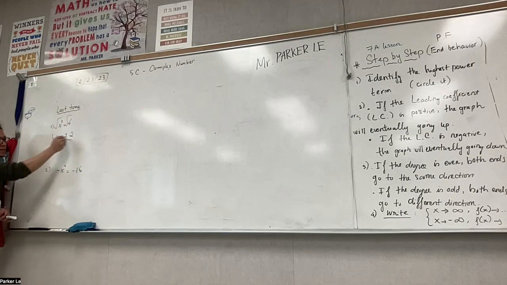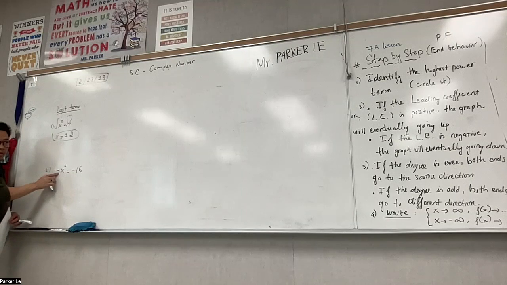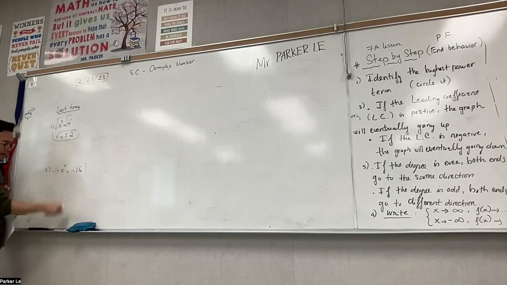All right, number 2. This is to refresh you. Last time, what did we learn? How about this? Do we take the square root right away? No, because this is not only the square term, it also has a negative. So you need to take care of the negative. How can I get rid of the negative? I multiply by -1 for everything.